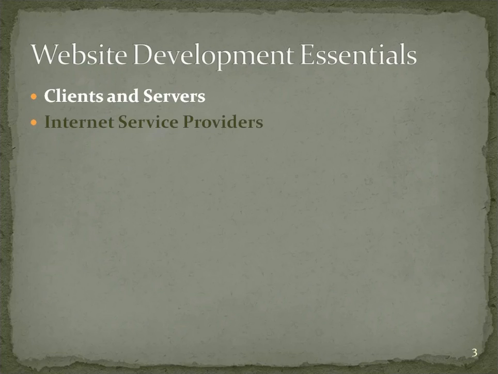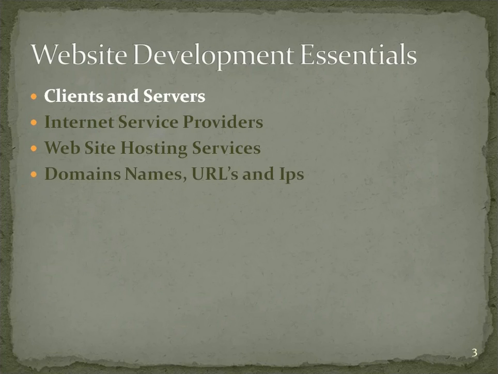Then we need internet service providers, and website hosting services, which provide services that are required for the website. Then we will see domain names: URLs, uniform resource locators, and IPs, internet protocols. And the last one is the registrars.